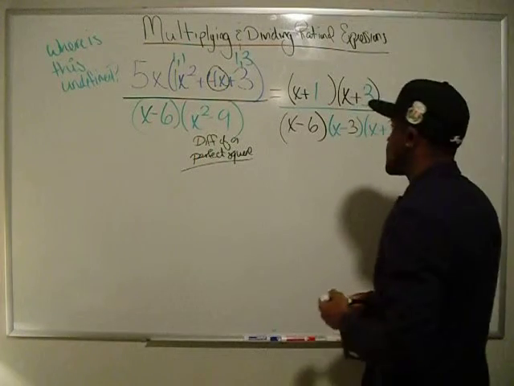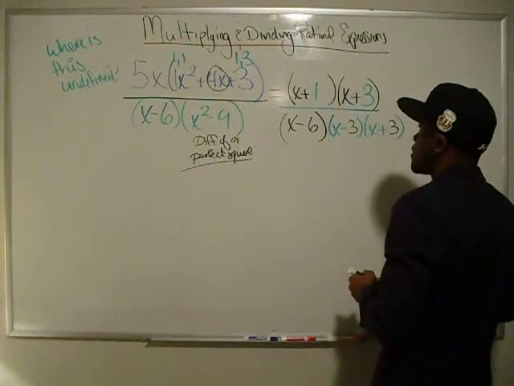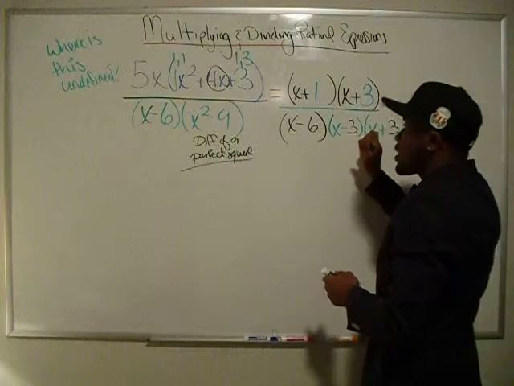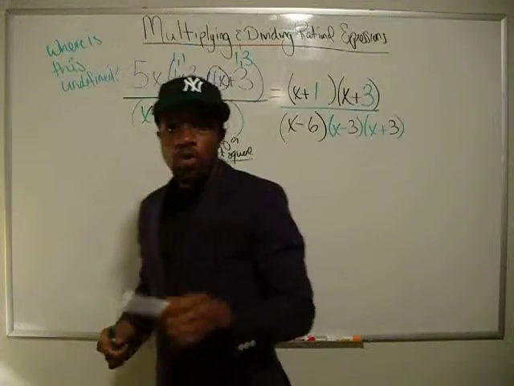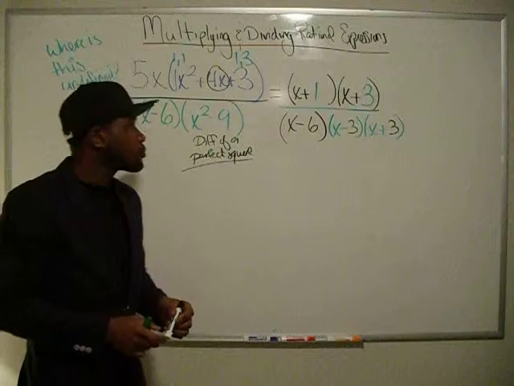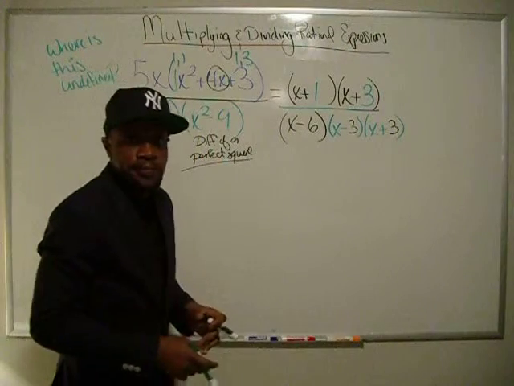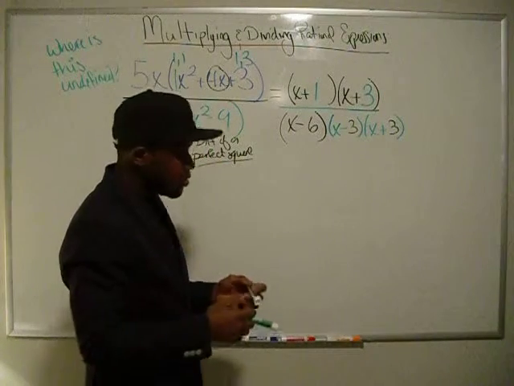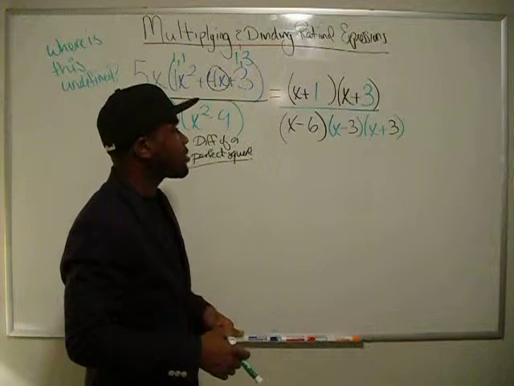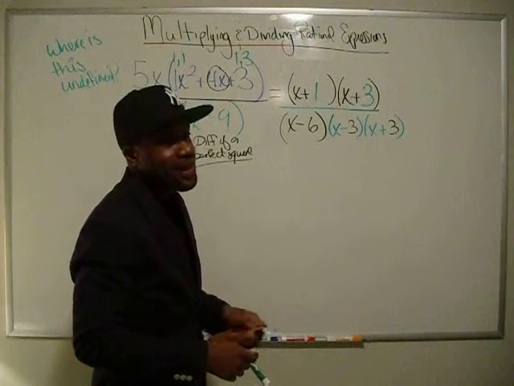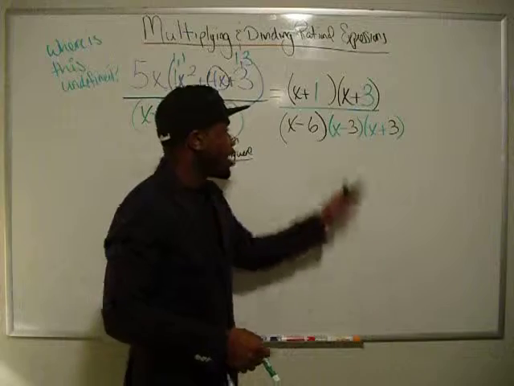Let's simplify, our simplification step. What can cancel out here? X plus 1? Nah, can't do that. X minus 6? Not the right answer. X minus 3?